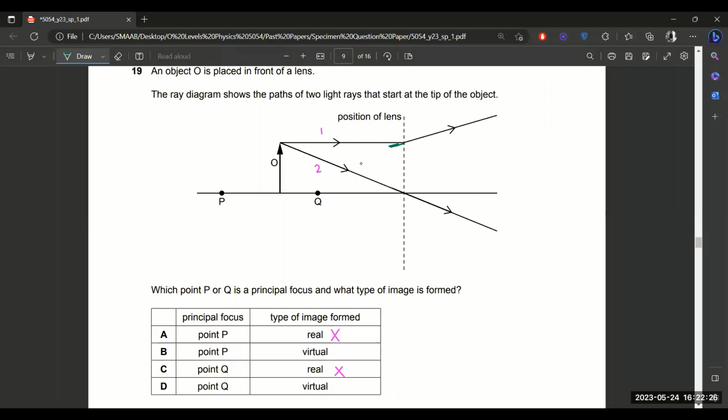Okay, so if we extend this line, that will be equal to point P like this.